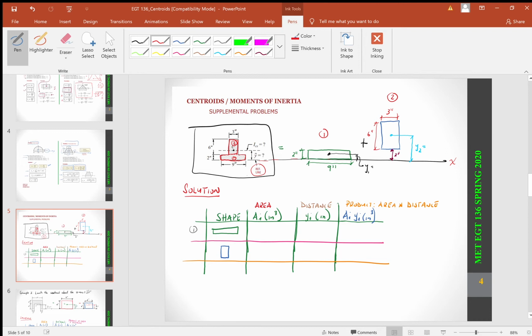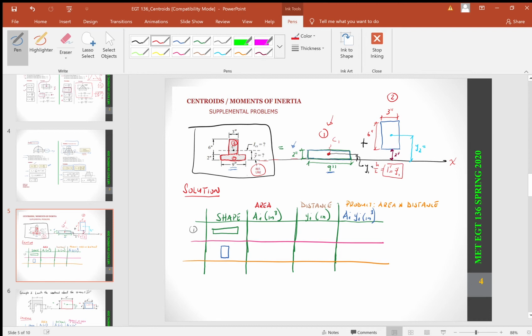So for our geometric shape 1, I just drew it out again, just as it's seen here, as a 2 by 9. And again, the centroid, this is C1, is going to be located at h over 2, which is going to be 1 inch, equals our y bar 1.